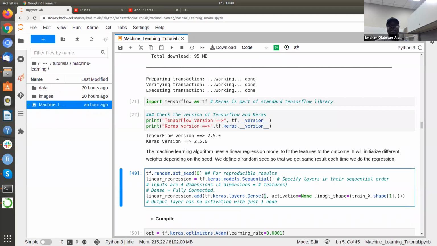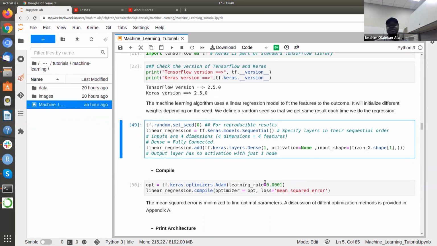Activation is none, and the input shape here is really the number of independent variables you have, which here is 4 of them. The reason I've used it like this is that I don't want to write 4 directly. That would be hard coding, because if my variables change, I would have to come here to manually input the number of features that I have. But with this, if my data changes, this picks up the number of features I have directly.